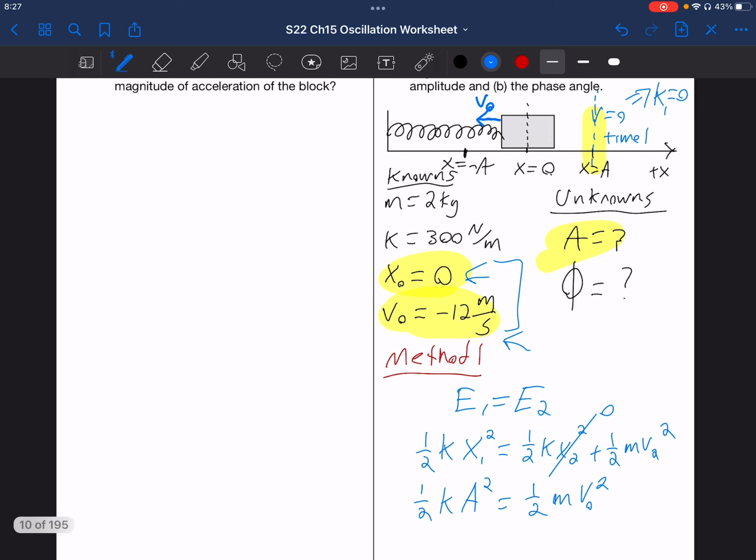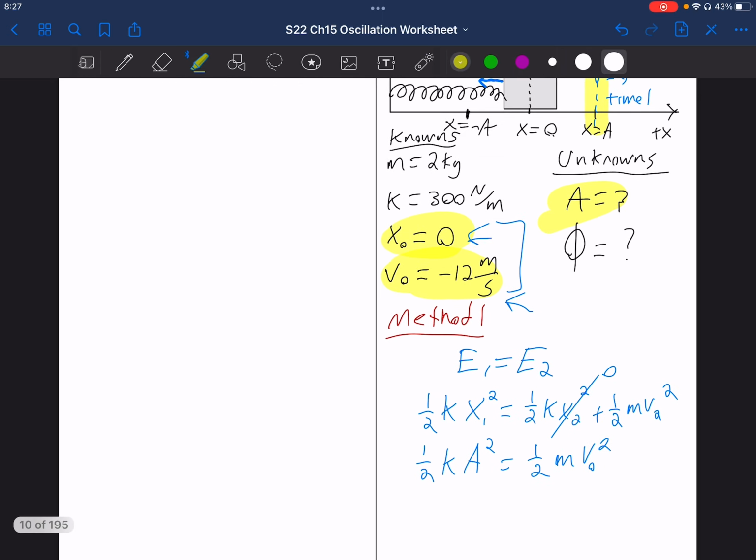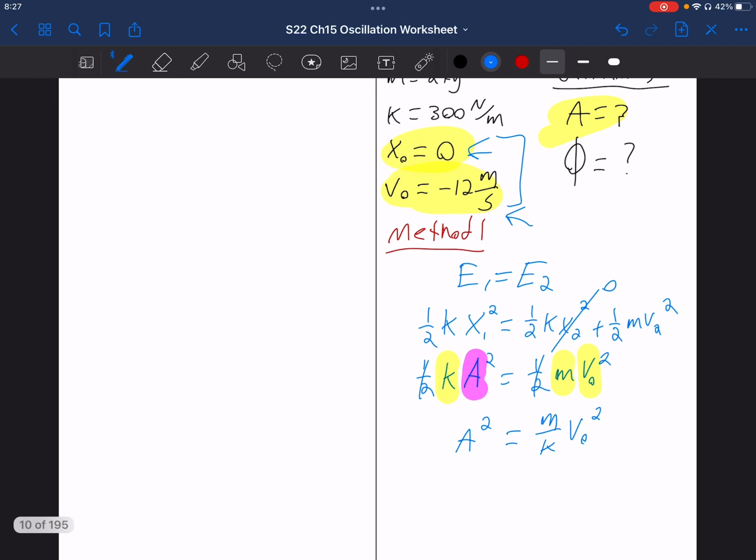So when I write it in that way, I now have an equation where spring constant is known, mass is known, velocity is known, and I only have one unknown, which is my amplitude. So that's great. I can divide both sides by 1/2, so that term goes away, and I can solve: A squared is equal to m over k times v naught squared, and just solve for my amplitude.